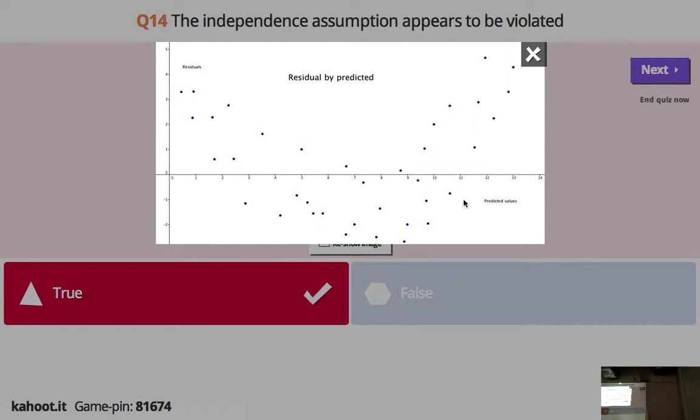But anyway, we try to say something here. It appears that low predicted values mean there's some sort of high residual, and in the middle here there's low residuals and then high again. So the assumption appears to be violated, right?